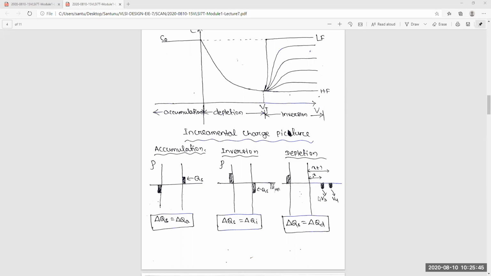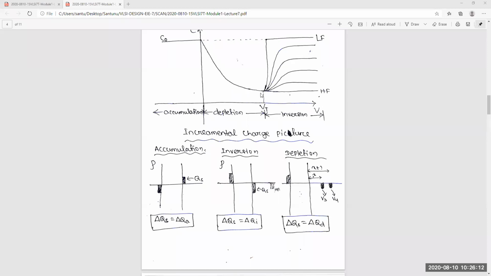Initially, suppose the voltage was V1, very little depletion region was there, so this was your capacitance value. Now the distance gradually increases if you are increasing the voltage. If the distance increases, the capacitance will decrease or not?